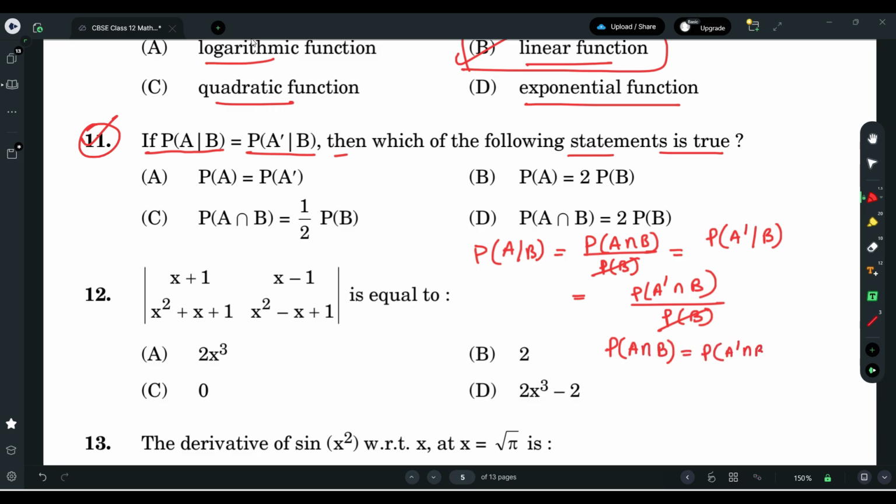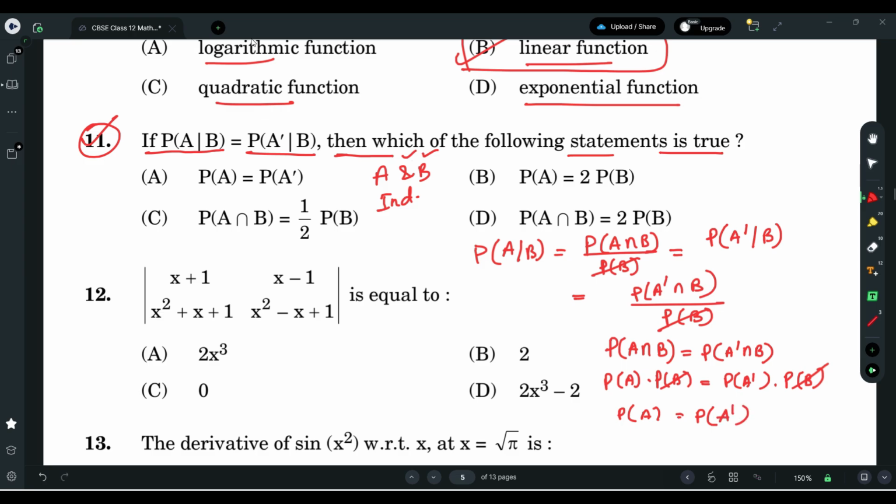So we get P of A intersection B equal to P of A complement intersection B. So now here it should be given that A and B are independent events. Then we can write P of A into P of B, here P of A complement into P of B. Again P of B got cancelled. So P of A equal to P of A complement.